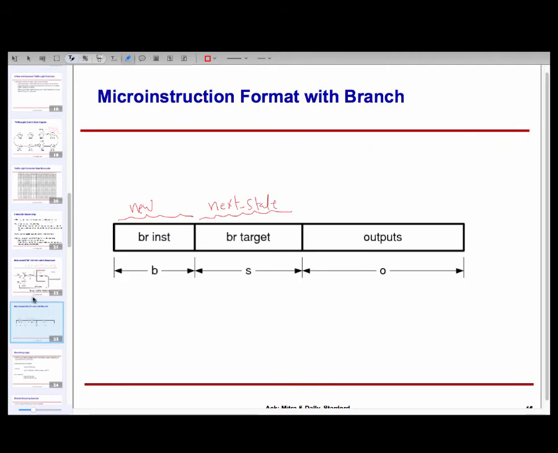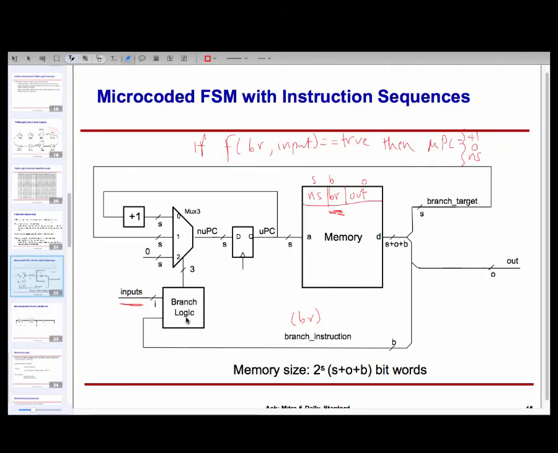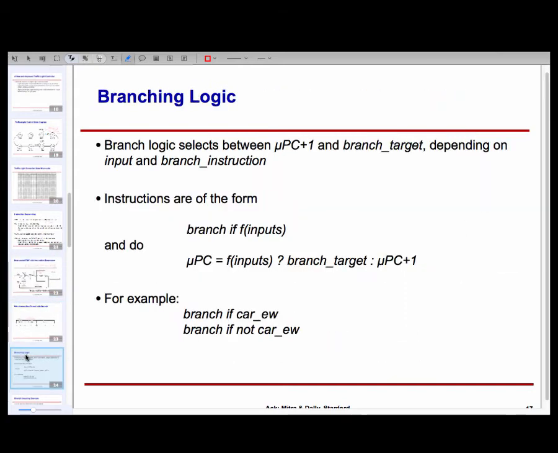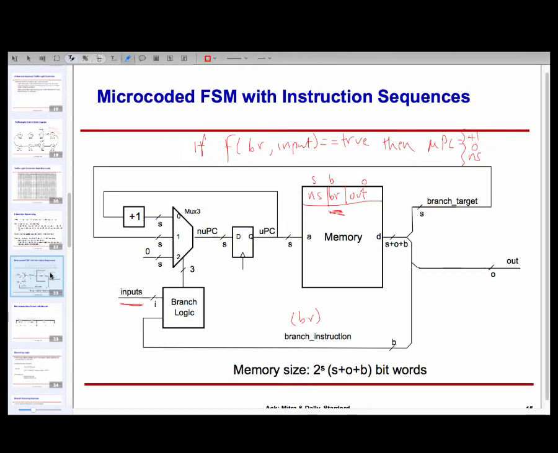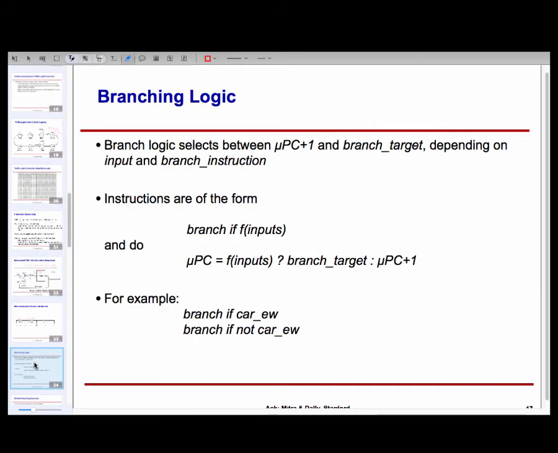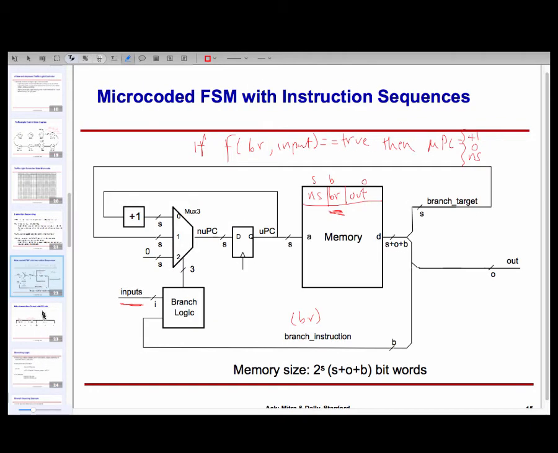So now the magic happens in the branch logic. Let's imagine my branch logic, the combinational logic which I have out here, looks like the following. Let's try with something simple. Let's say I didn't ignore the input.